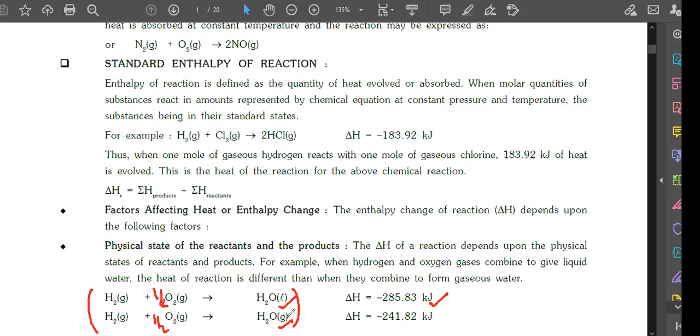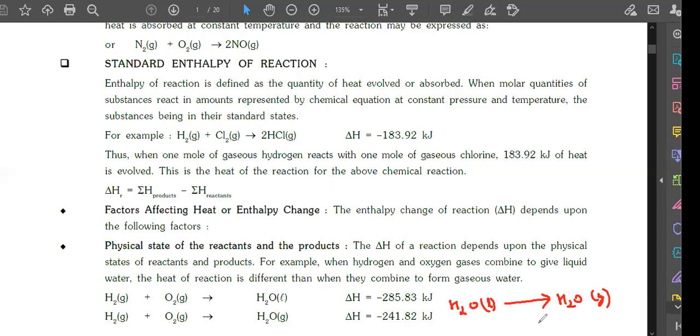Now tell me, is this an exothermic reaction or endothermic reaction? Exothermic, right? Yes, very good, because delta H is negative. Now this reaction, H2O liquid changes into H2O gas: is this exothermic or endothermic?